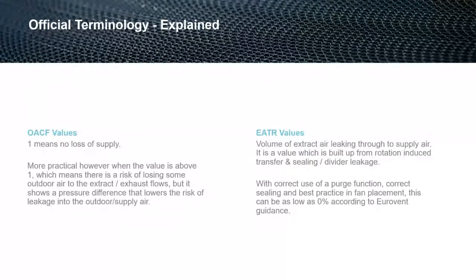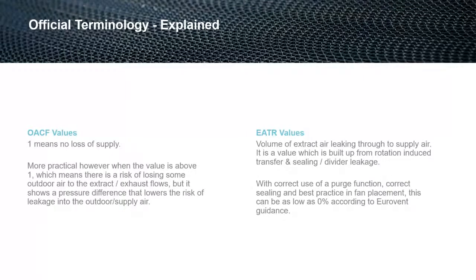Now across Europe, there is no guidance to say that there's a maximum amount of EATR from a European level. Different states and different building codes within different states will have different levels of what is acceptable in terms of EATR.